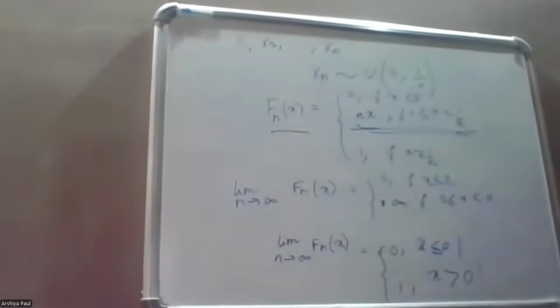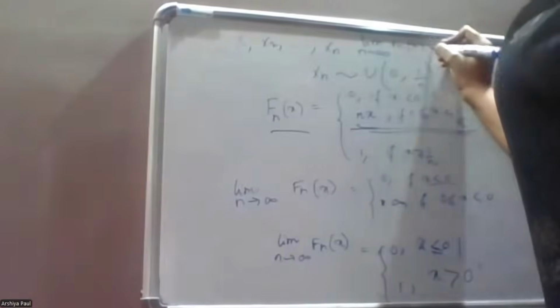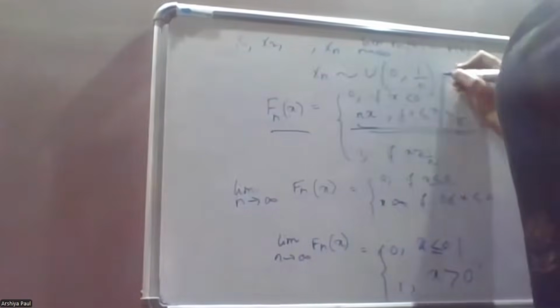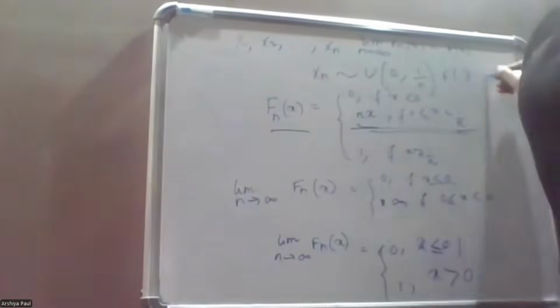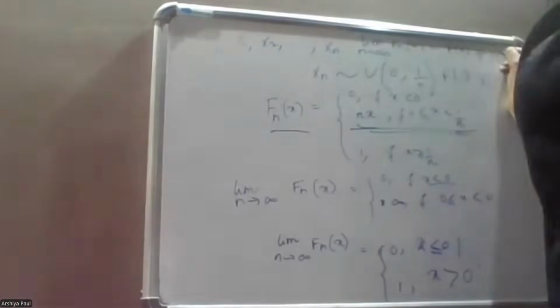Convergence in distribution is that if I have a sequence of random variables X1, X2, Xn with corresponding sequence of DFs F1, F2, Fn, then Xn is said to converge in distribution to X if the corresponding sequence of DFs converges, that is, if the limit as n tends to infinity of Fn(x) is equal to F(x), where F is the distribution function of X, for all continuity points of F.